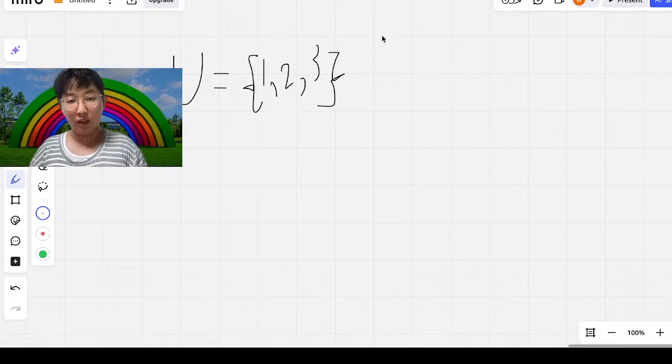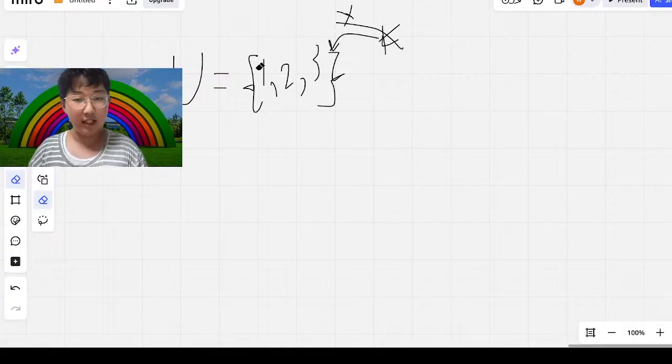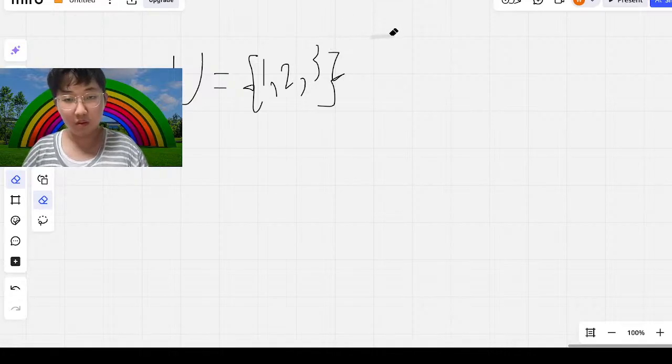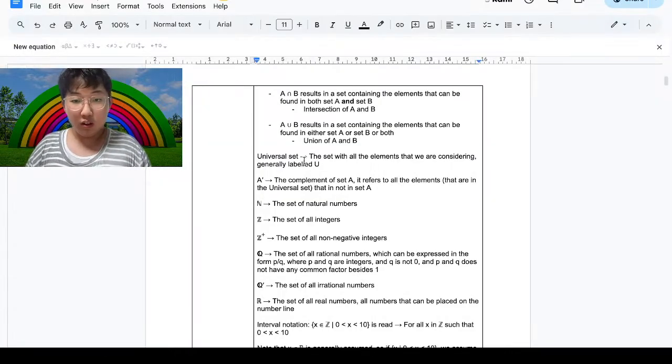We would not be dealing with 4 because if we were, we would have put it into this. But since it is not in here, the main thing we will be focusing on is 1, 2, and 3. 4 is not an element that we will be considering in this case. And we can see this again, the set with all the elements that we are considering is generally labeled U.